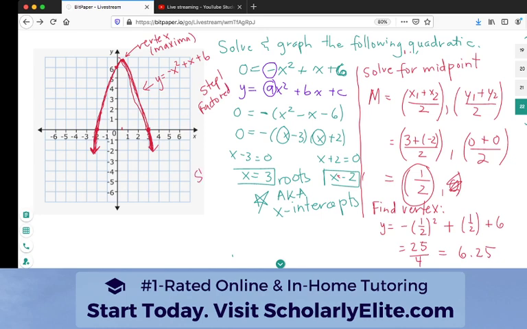Step 2, we solved for our roots. Step 3, we solved the midpoint. And step 4, we used the x value of the midpoint to solve for the vertex.